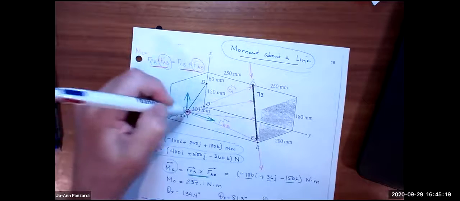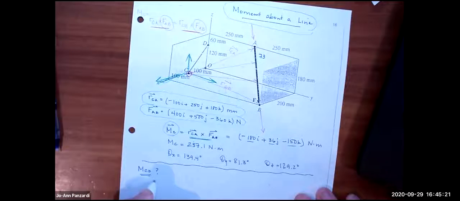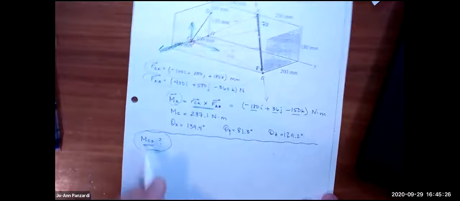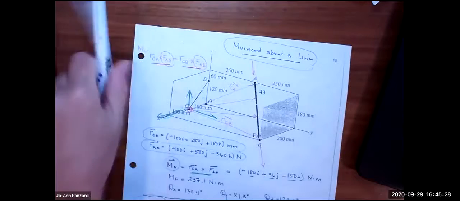So the line that I want to find the moment about, I have it written right here. Can everybody see this right here? I want to find the moment about line CD.